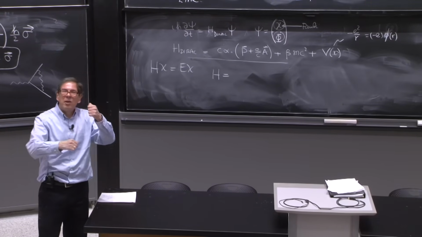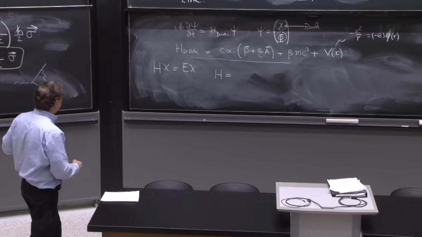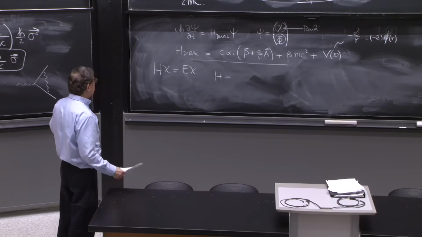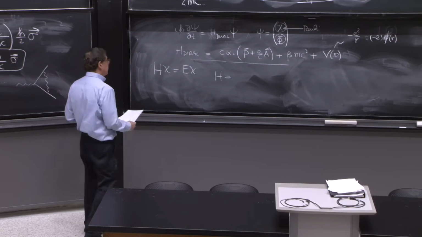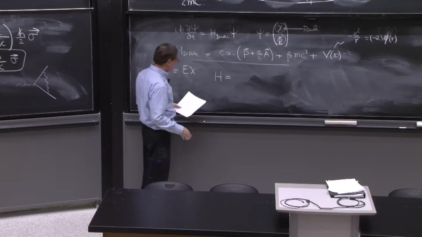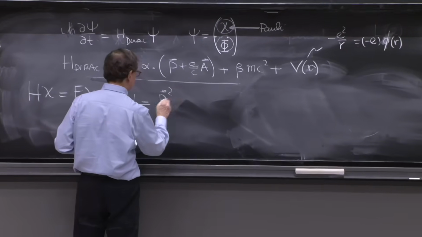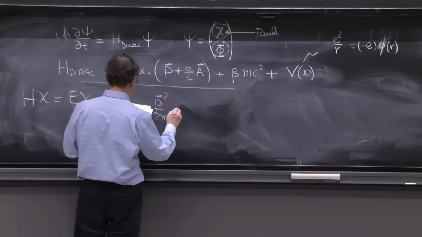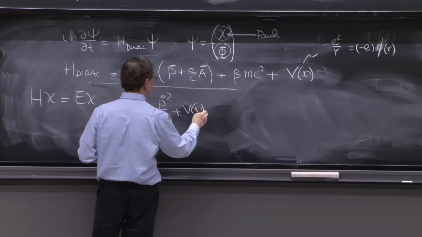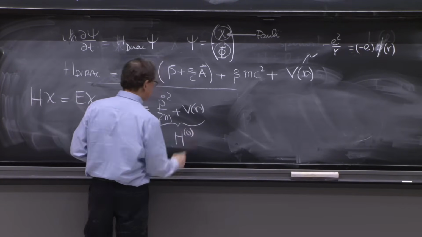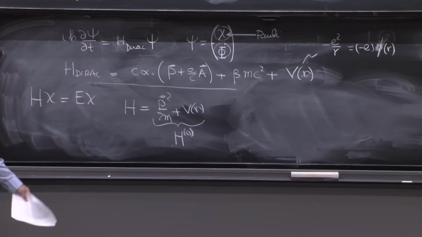From the Dirac equation, we can rewrite the Hamiltonian of the hydrogen atom in a more accurate way, a more complete Hamiltonian. And it has p squared over 2m plus V of r, which is what we've called H0. It's there. It's the first term.